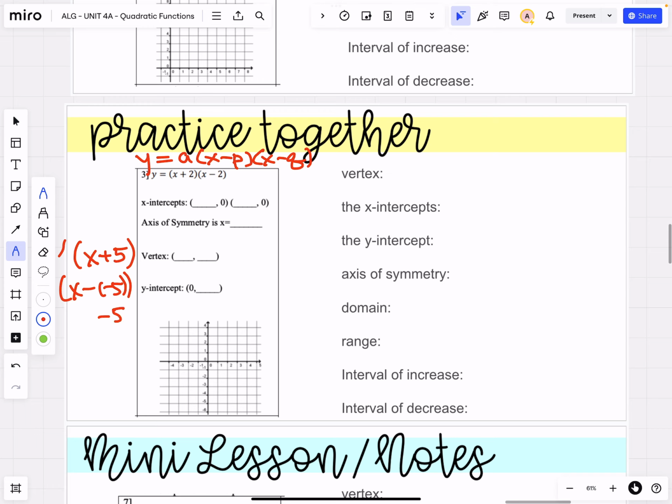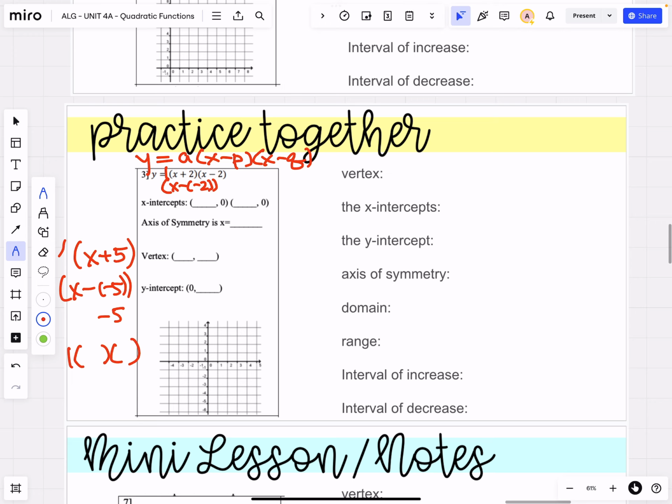And you might say to yourself, well, what if there's nothing in front of my parentheses? Well, that's just a 1 in disguise as well. Okay, and so we can look at the function above and know that this is going to be 1, and this is really x minus negative 2 in disguise.